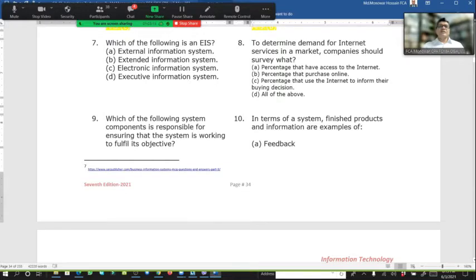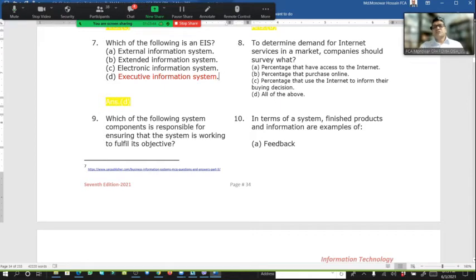Which of the following is an EIS? Here: external information system, extended information system, electronic experience system, and executive information system. So we can say that it is D, executive. Yes, executive, you are right. D is the correct answer, executive information system.